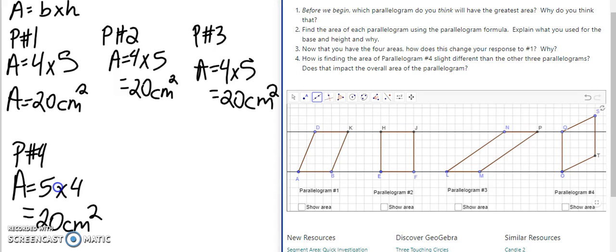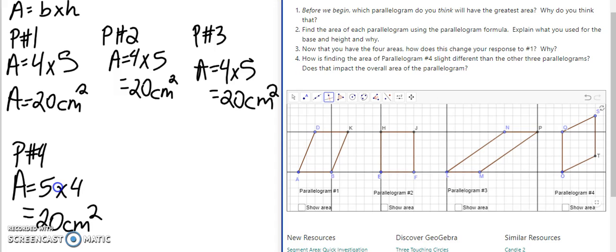Even OQ lines up with that. And when I find the height, when I click the perpendicular height, I can see that no matter where I put it, it's always going to be 5 units to the opposite side.